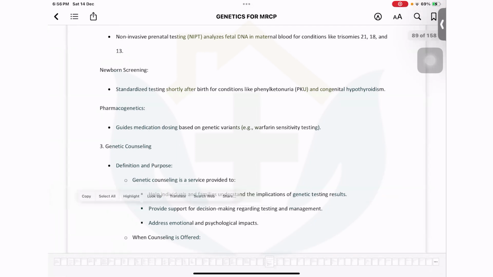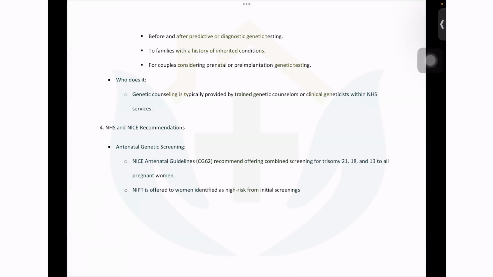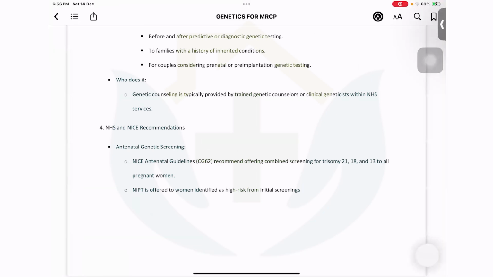So genetic counseling is very important. You can read about that. Genetic counseling is typically provided by trained genetic counselors or clinical geneticists. We as doctors don't do that, but there are guidelines that you need to know. So as per NICE guidelines, they recommend offering combined screening for trisomy 21, 18, and 13 to all pregnant women.